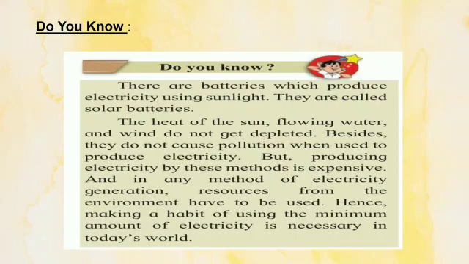The heat of the sun, flowing water and wind do not get depleted. Besides, they do not cause pollution when used to produce electricity. But producing electricity by this method is expensive. And in any method of electricity generation, resources from the environment have to be used. Hence, making a habit of using the minimum amount of electricity is necessary in today's world.